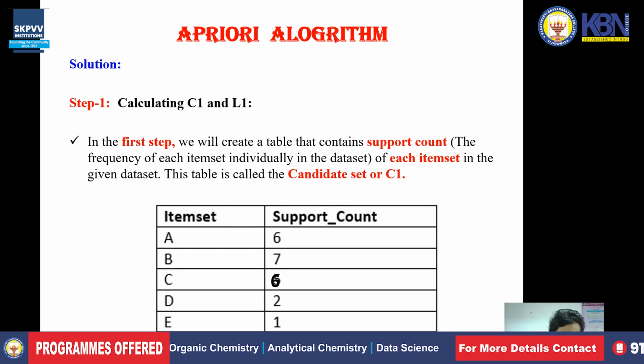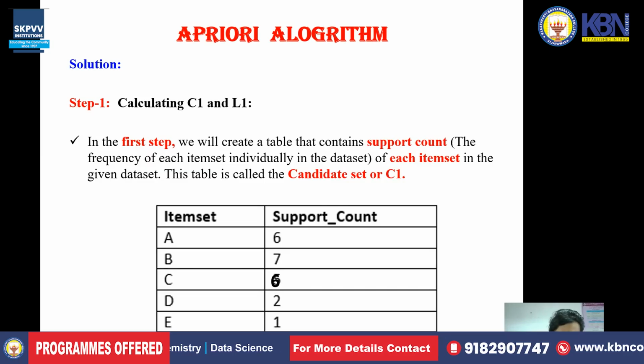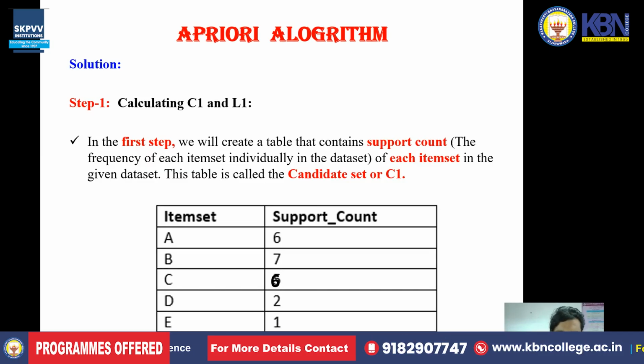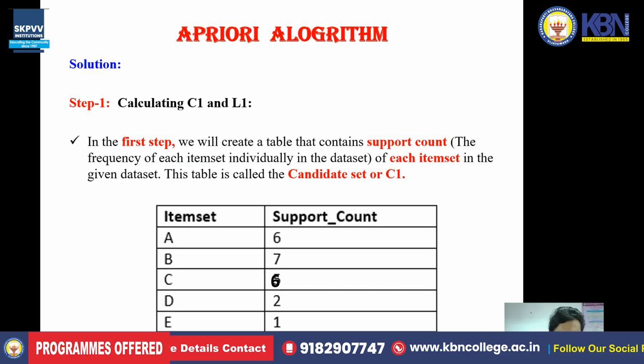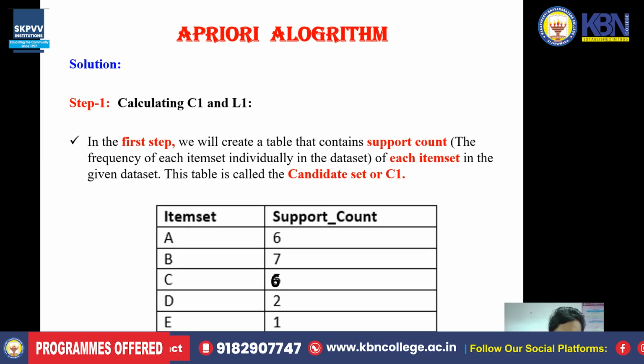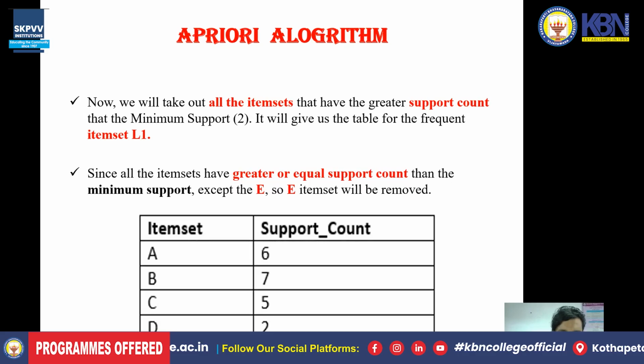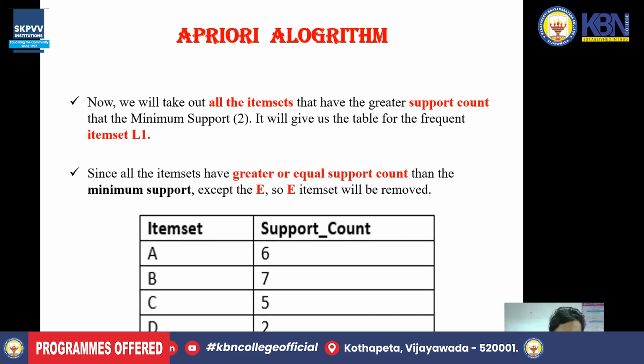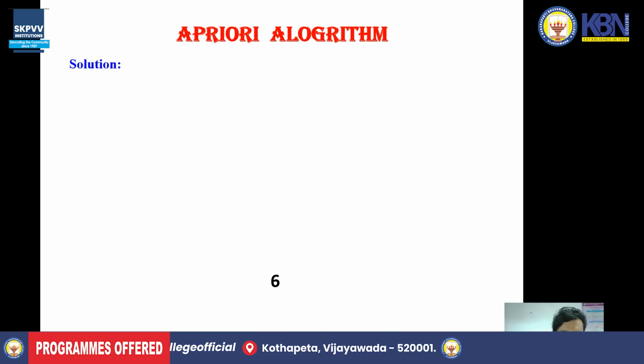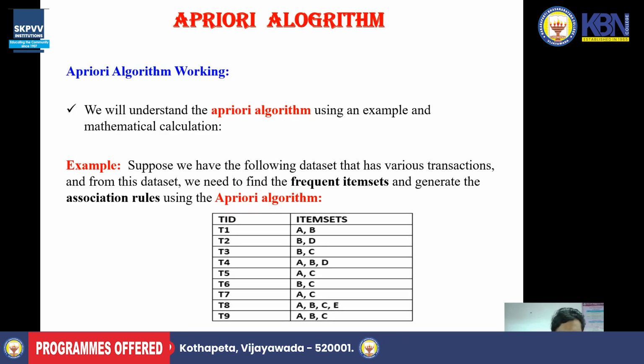Then the minimum support value is 2, so values equal to or more than that are considered and the remaining values are eliminated. The elements deleted from this table are D and E. E is removed because its value is 1 and the minimum support value is 2.